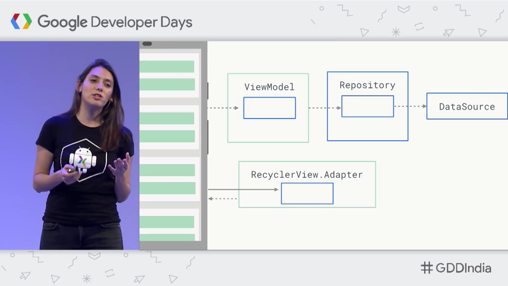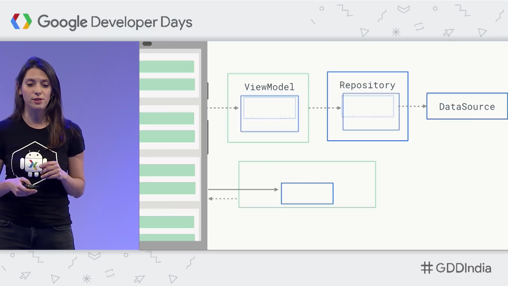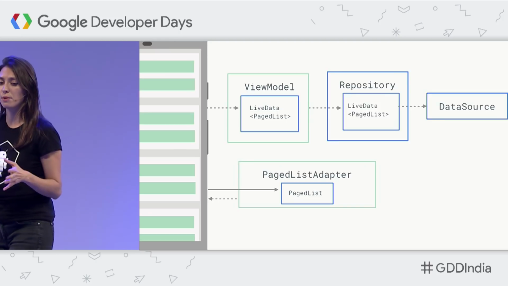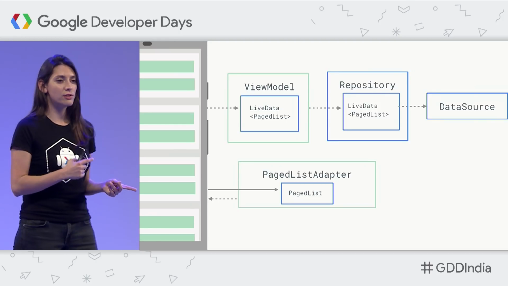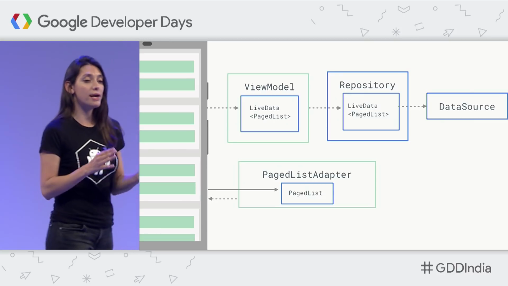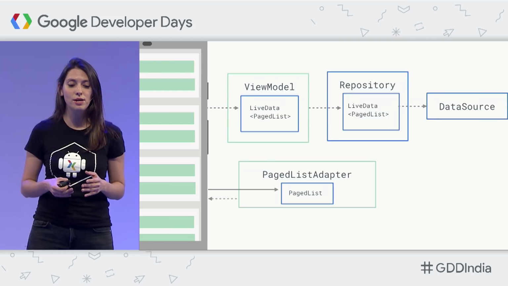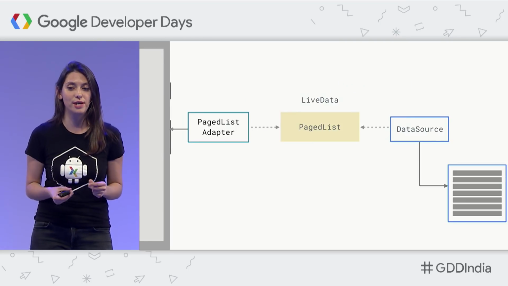And then the paging library will actually be used throughout this entire architecture. The object that all of these classes have in common is a page list. And then instead of a recycler view adapter, you would use a page list adapter, which just extends from a recycler view adapter and uses a page list. So let's see more what's going on there.